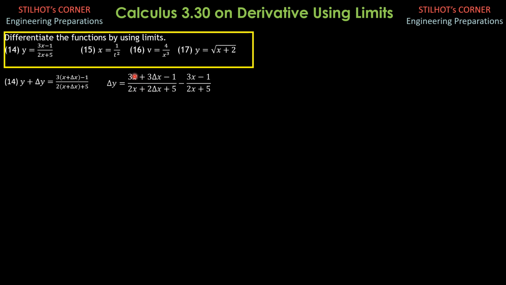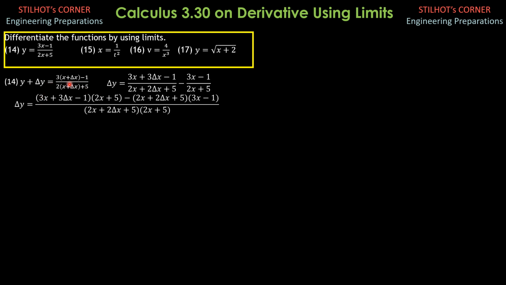Then we have the numerator here multiplied by this, then minus this multiplied by this, divided by the product of these as the LCD. So delta y equals quantity 3x plus 3 delta x minus 1 times 2x plus 5 minus quantity 2x plus 2 delta x plus 5 times 3x minus 1 over 2x plus 2 delta x plus 5 times 2x plus 5.